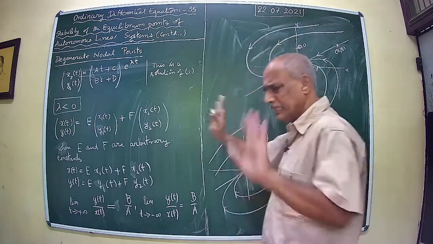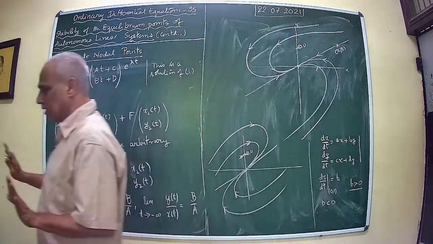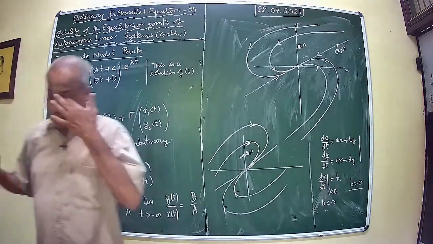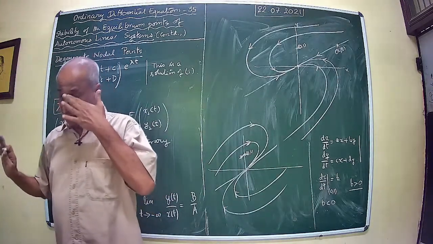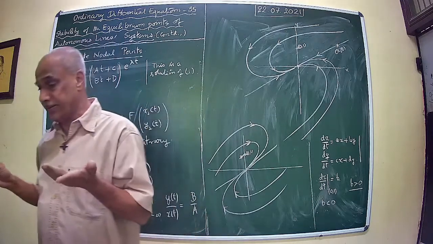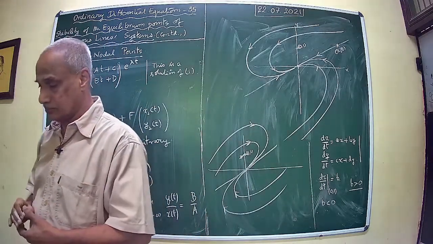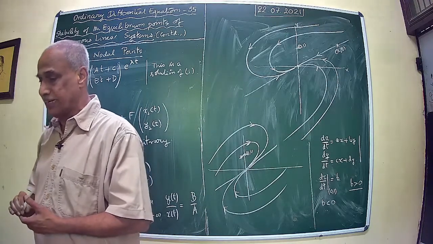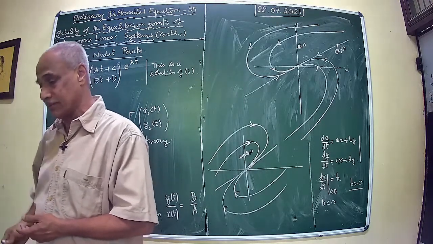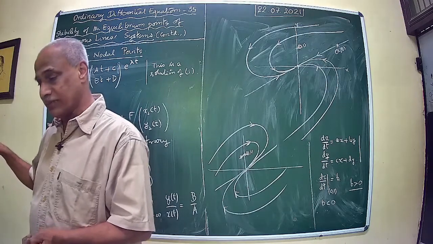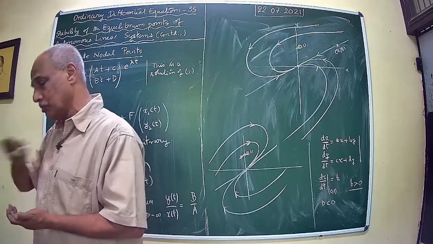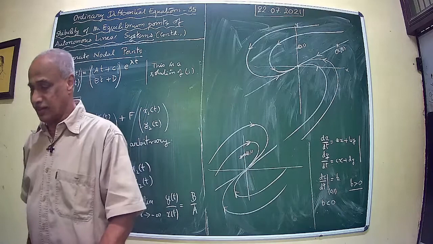So you can do this analysis by studying the behavior of dx by dt or dy by dt along the x-axis or y-axis. If you are looking at dx by dt, then do it on the y-axis. If you are working with dy by dt, then you do it on the x-axis.